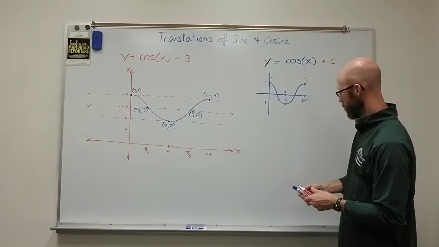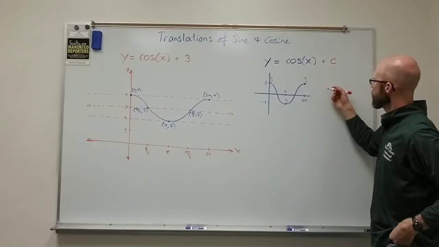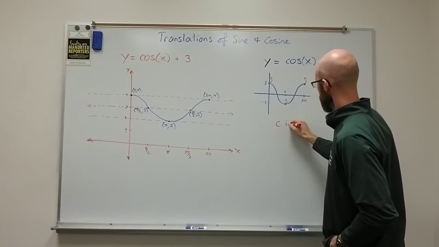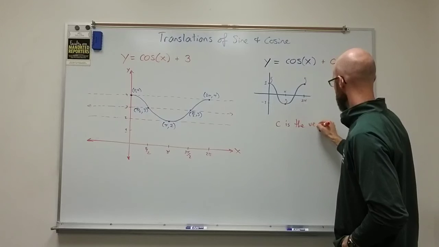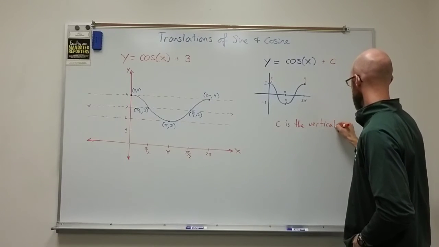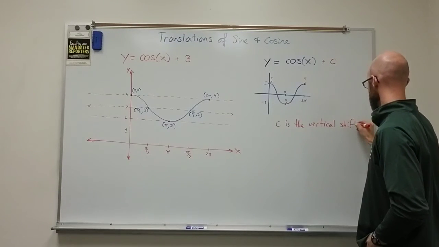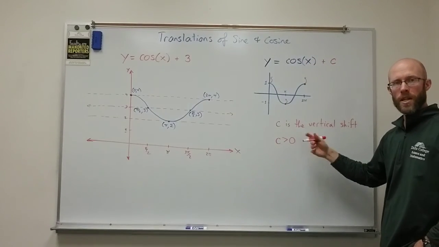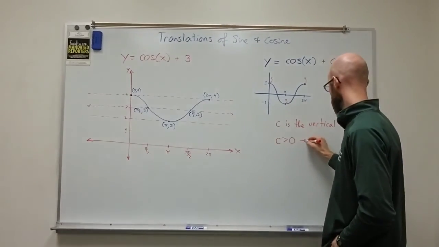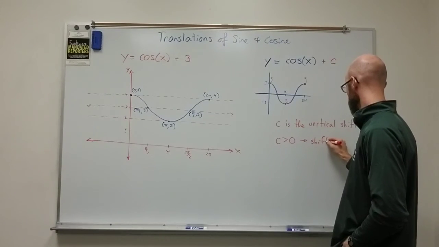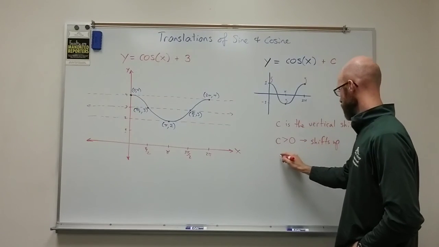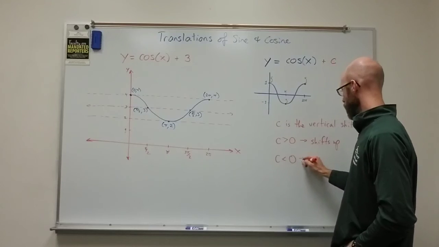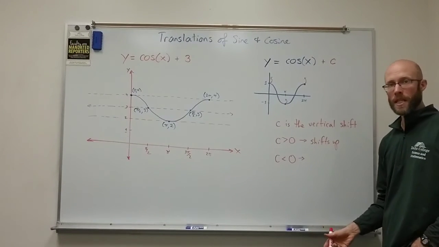As a general rule then, this c value is the vertical shift. When c is positive or greater than 0, that shift will be up. And when the c value is less than 0 or negative, that shift will be down.